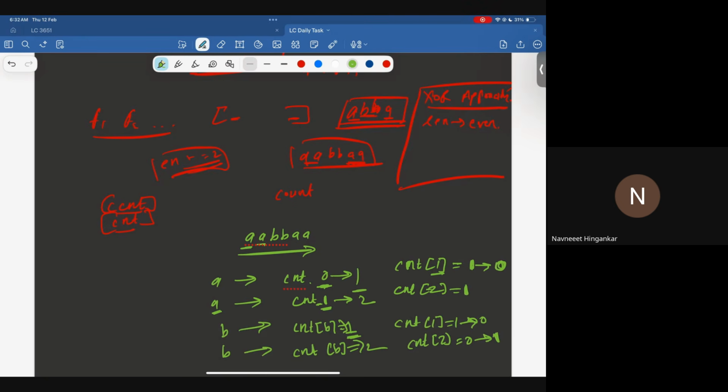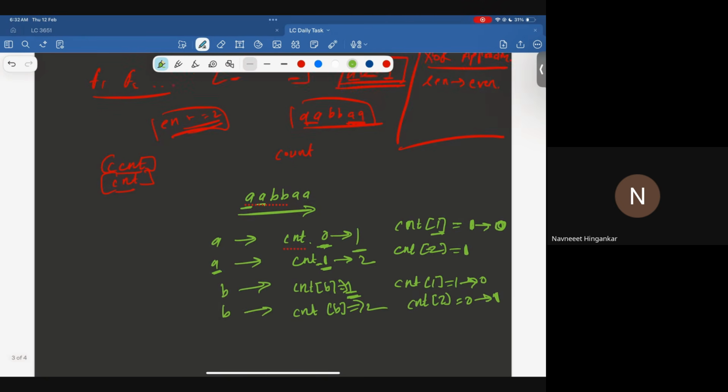Now you can check that the length, end minus start, is 4, because I need the counts to be equal. There are two characters that we have matched.